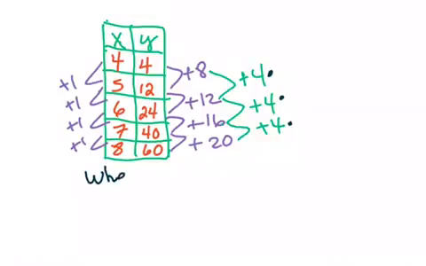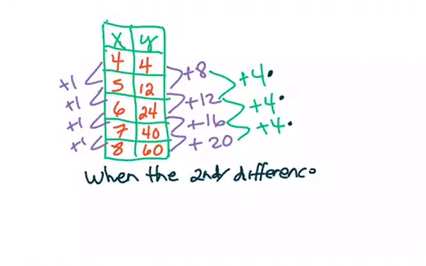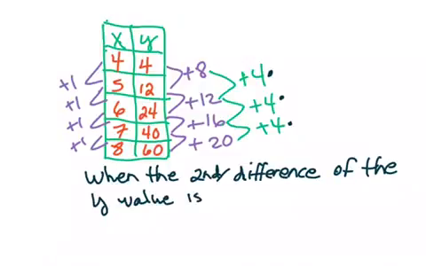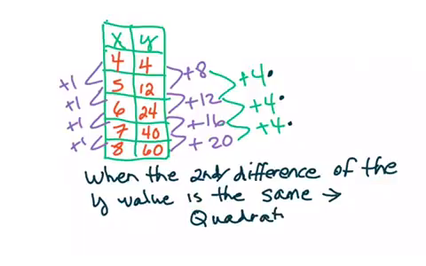Write this down: when the second difference of the y value is the same, then the graph is quadratic. So you've got a quadratic equation right there.